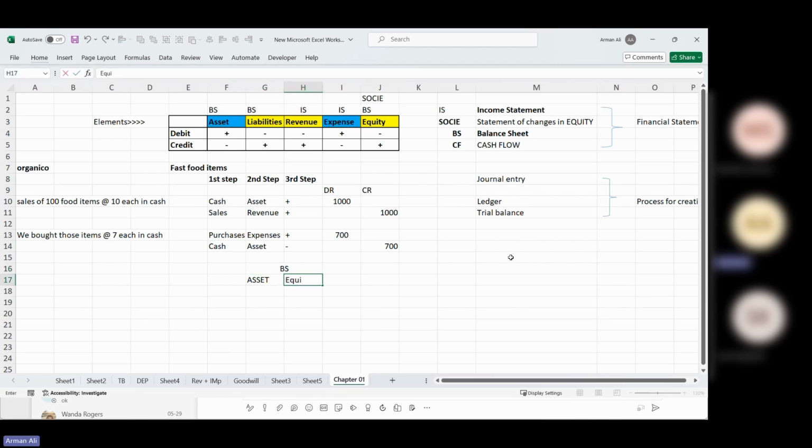And equity plus liability come on the right side. And you can see that I've written equity, liability, asset, they fall under balance sheet. So asset comes on the left side, equity and liability on the right side.